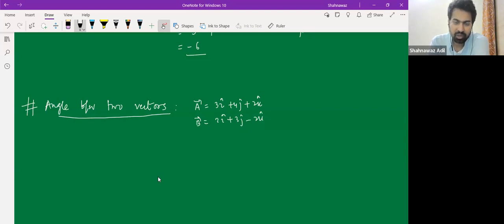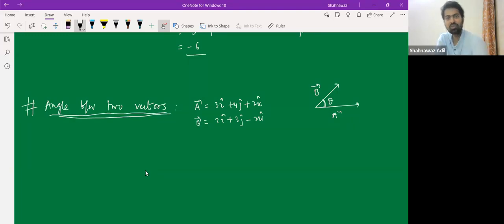How can I find the angle between two vectors? Let's say this is my A vector and this is my B vector, and I have to find the angle between them. Understood, guys? Yes, sir.